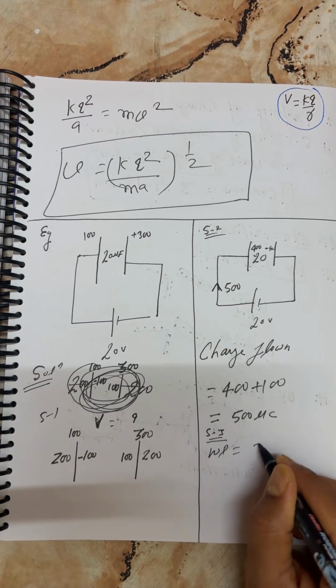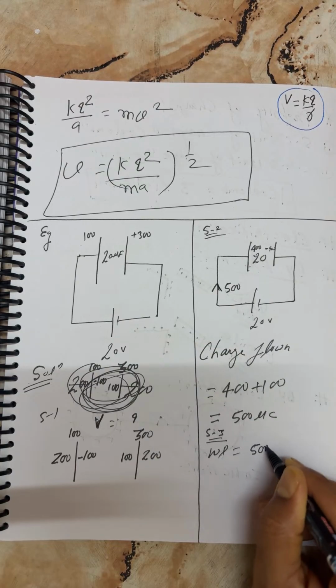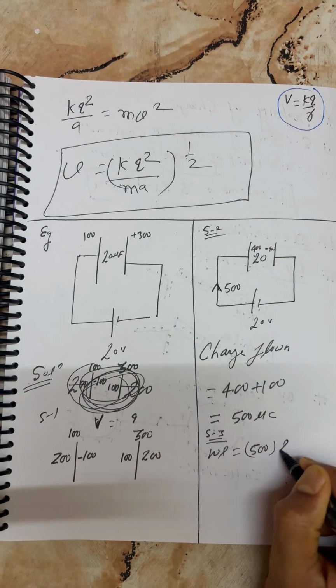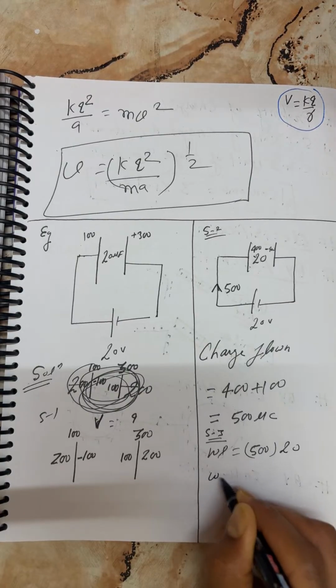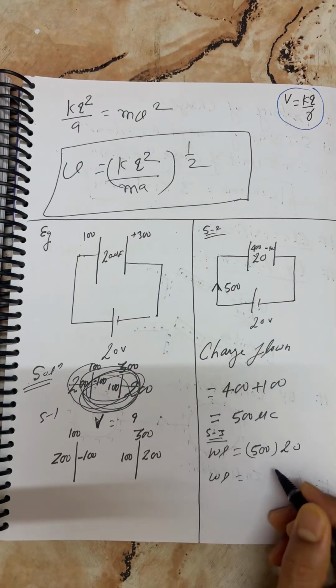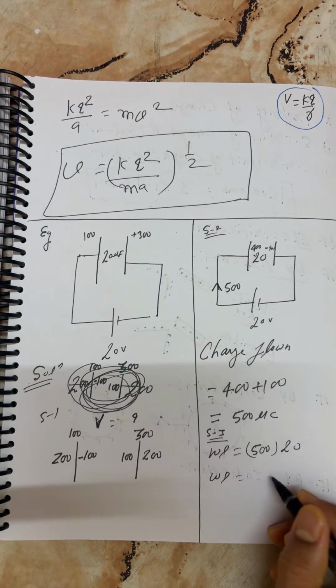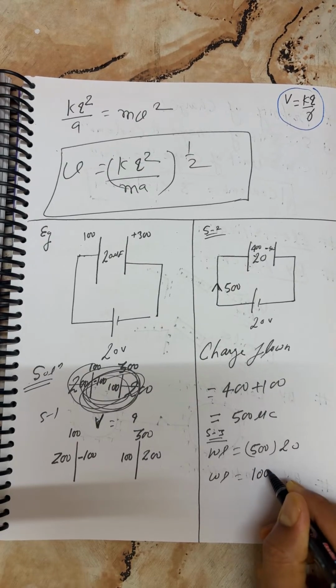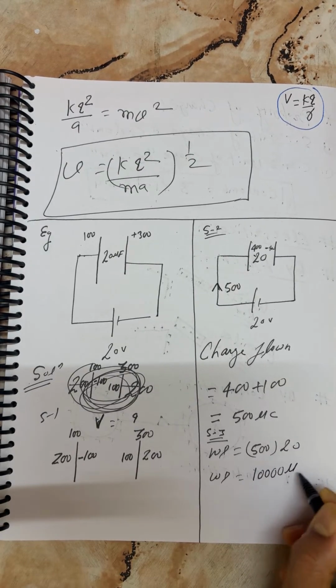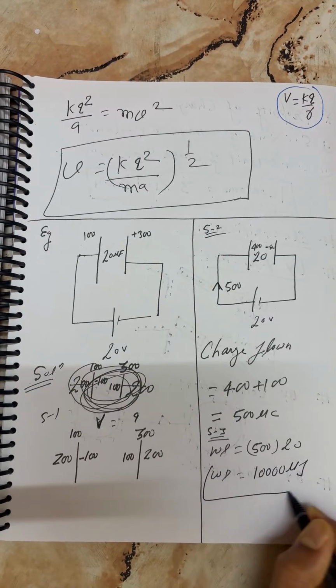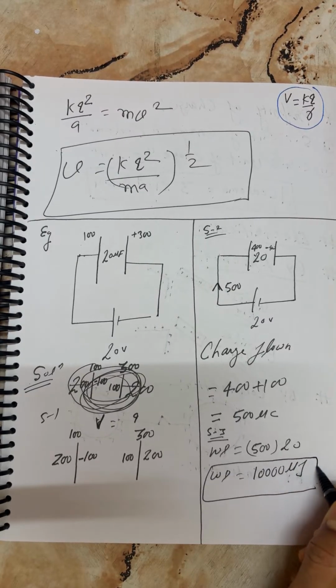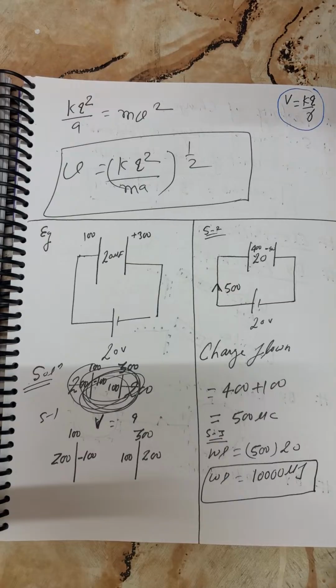Q into V. How much is Q? 500. And what is V here? It's 20 only. So what is the work done by the battery? It's 10,000 microjoule, right? Okay.